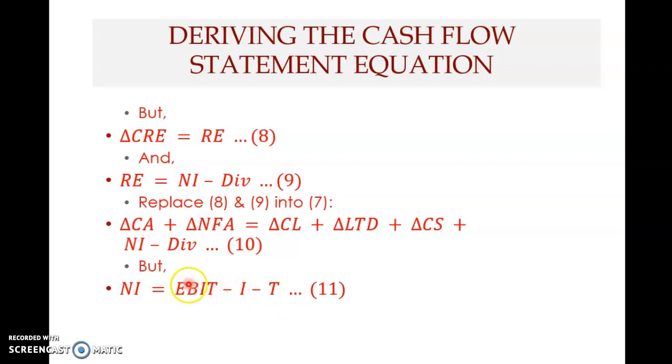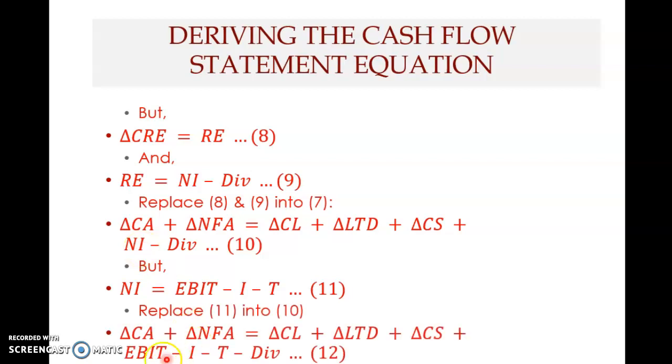Now we can replace EBIT into this net income here. You can put all these three elements here. You can expand this further. So we have this. What we have done is we have changed net income with these three elements: EBIT minus interest minus tax. Is that okay? So therefore we have this equation, equation number 12.